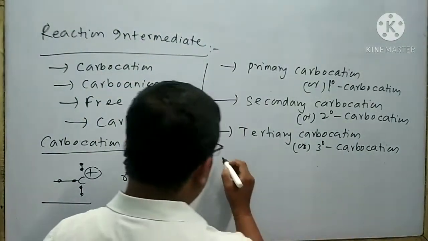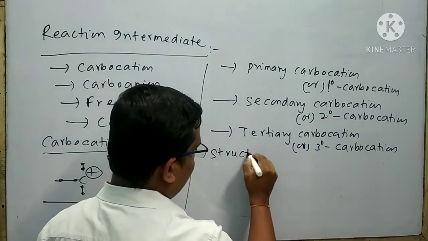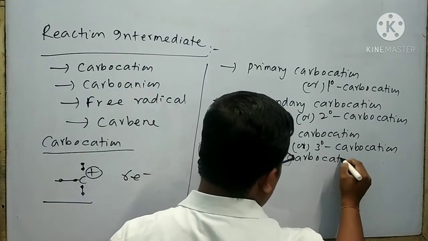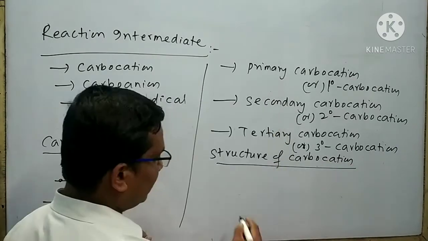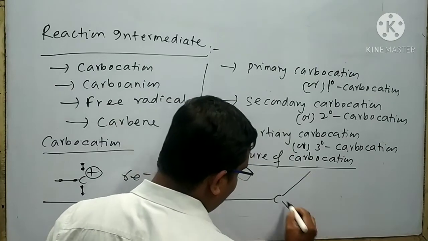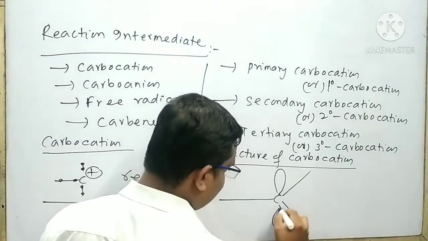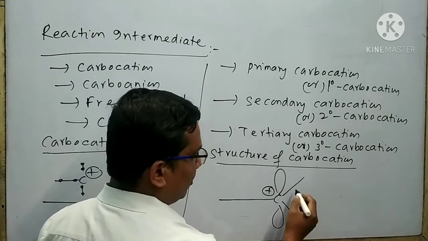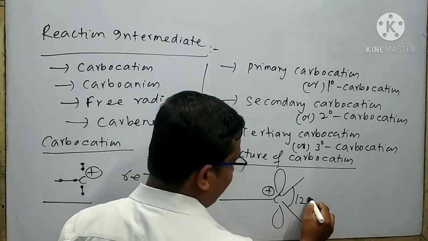Next I will discuss the structure of carbocation. This is the structure of a carbocation. Here the plus charge is present. Here the angle is 120 degree.